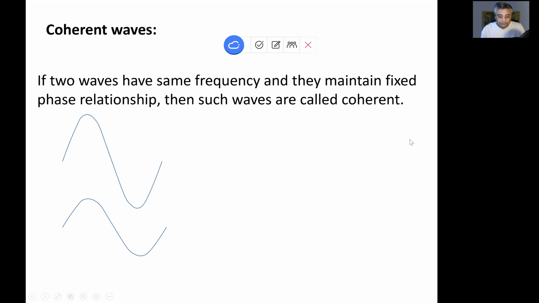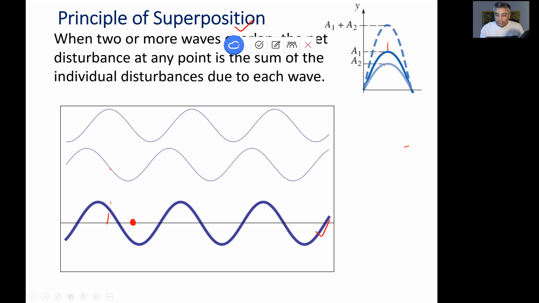And so if I had something like this, let's say A1 going something like this, and A2 going something like this, then this would be A1 and this would be A2, but this A2 would be, let's say, some negative number, -1, and this would be positive, let's say 2.